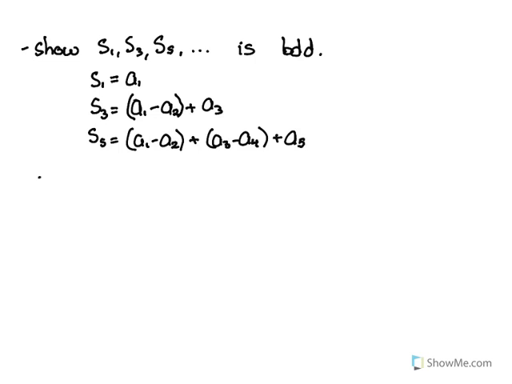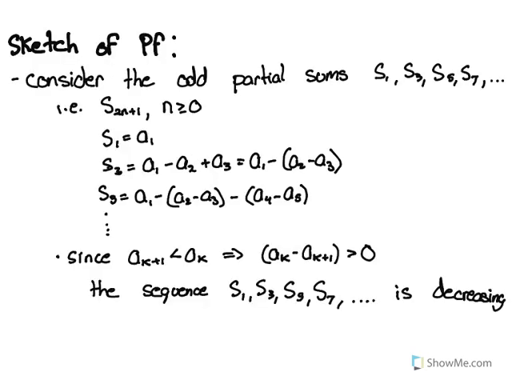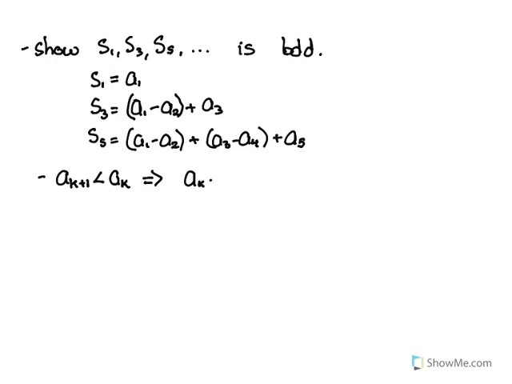Right. So again, we know that it's a decreasing sequence, a_k that is. So a_{k+1} is less than a_k, which again is the same statement as before. a_k minus a_{k+1} is positive, or in this case, strictly positive.